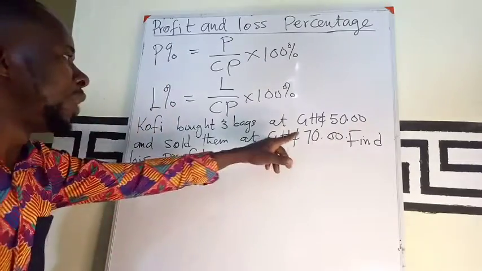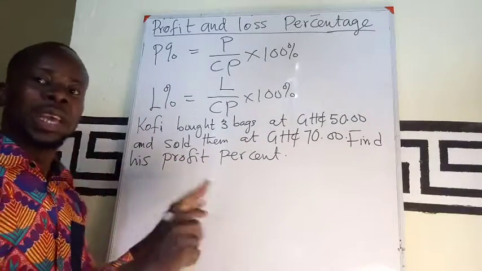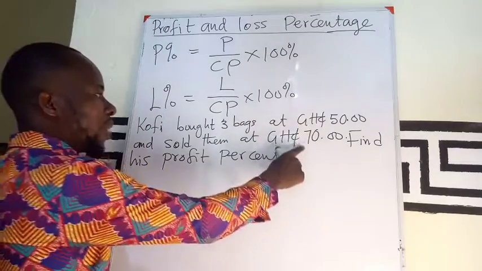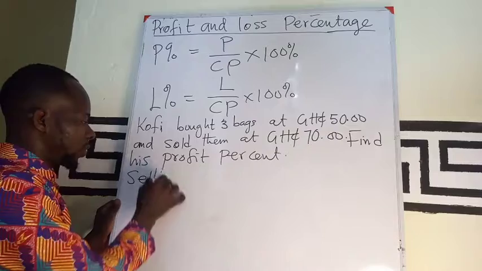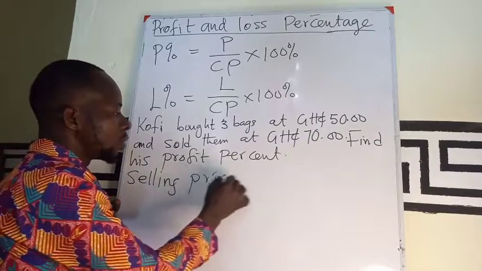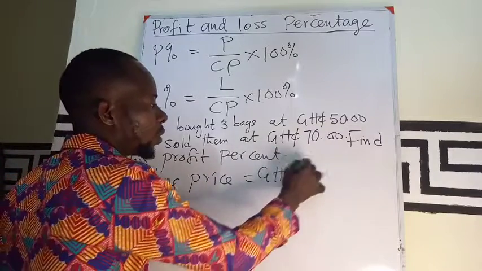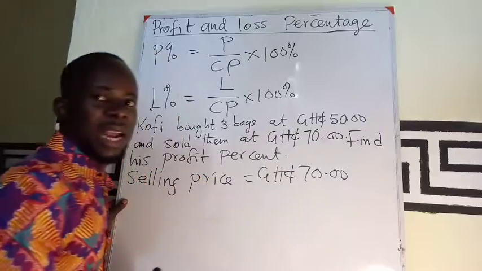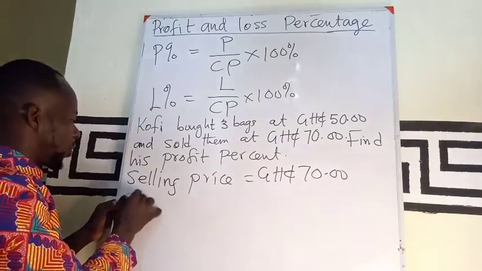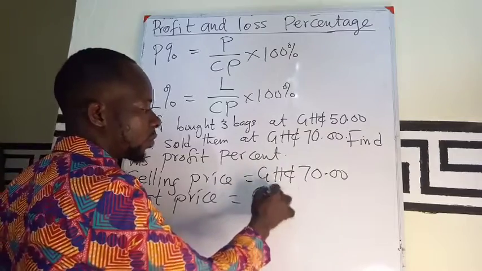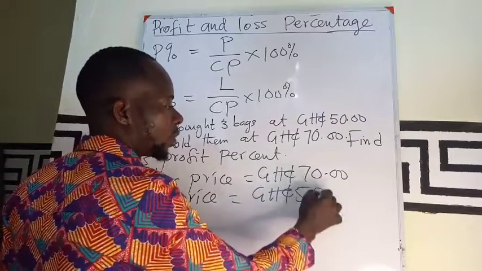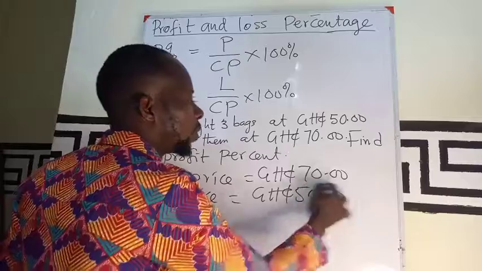Now we are to find the profit percent. We know there's a profit because the selling price is bigger than the cost price. Our selling price is 70 Ghana cedis. We have the cost price to be 50 Ghana cedis.